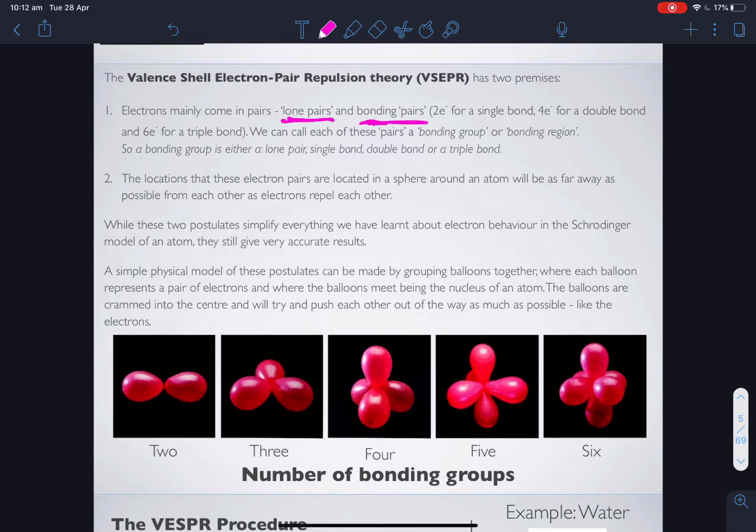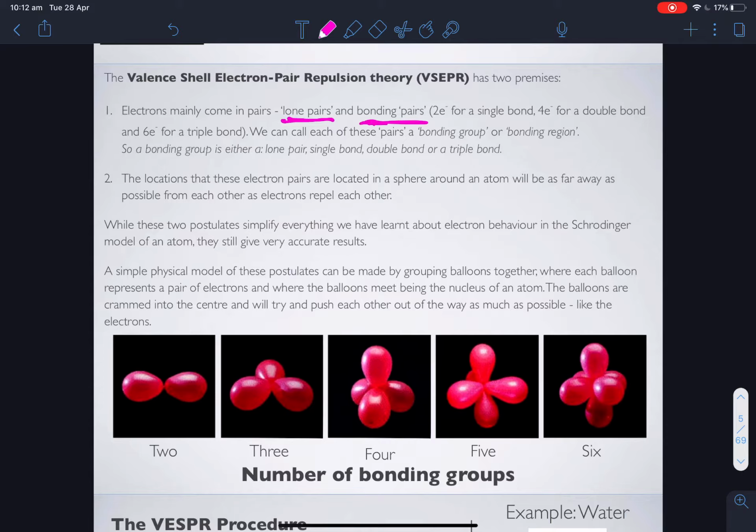So this bonding group term, and we're going to count these bonding groups, the criteria for a bonding group is either it's a lone pair of electrons, or it's a single bond, or it's a double bond, or it's a triple bond. And we're going to count these.